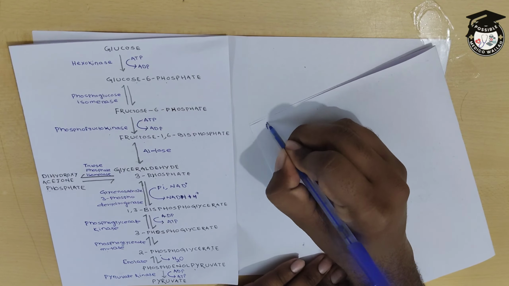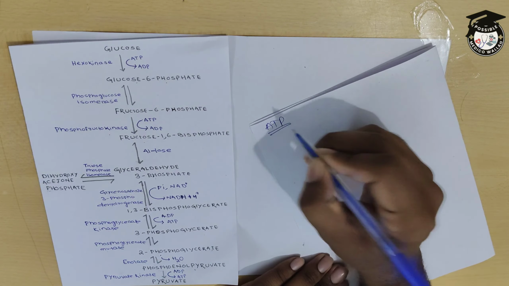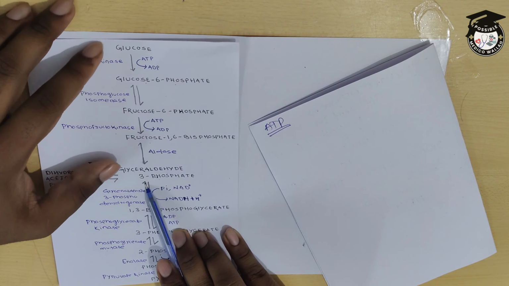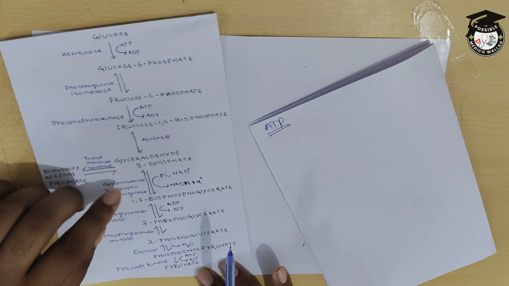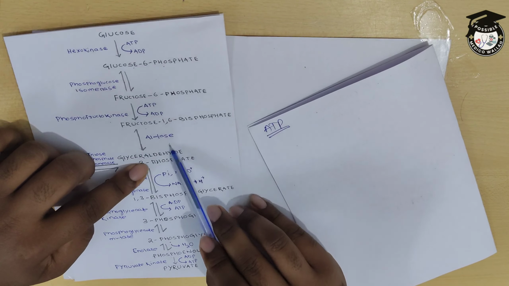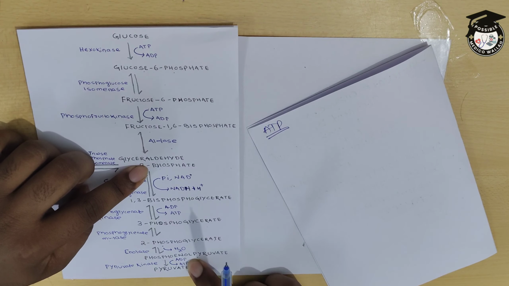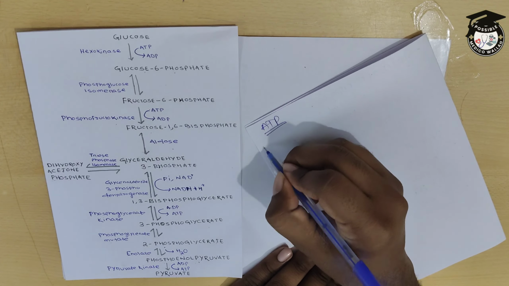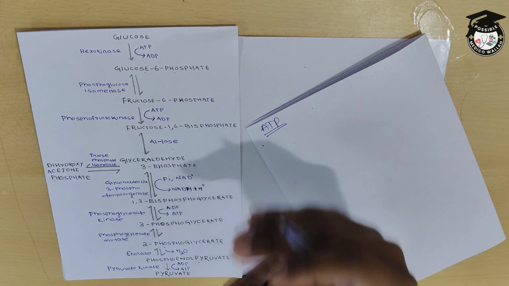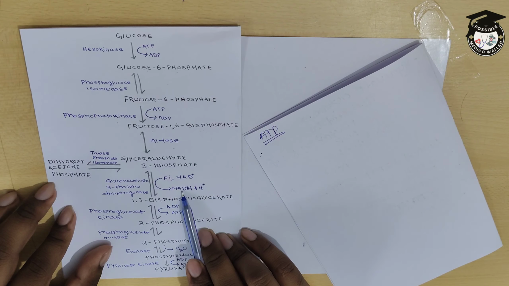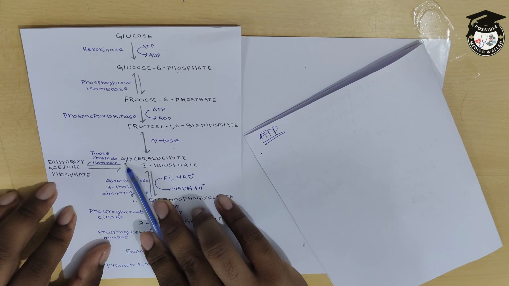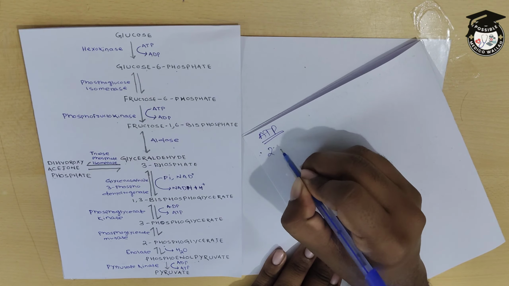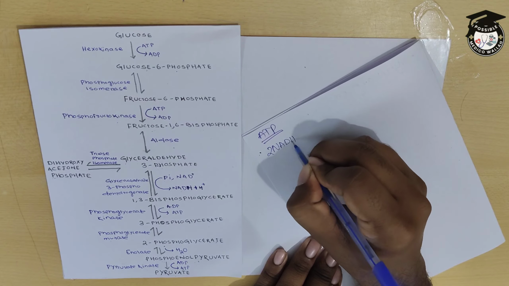Then come to ATP production. From glucose to glyceraldehyde 3-phosphate is the preparatory phase. From glyceraldehyde 3-phosphate to pyruvate is the payoff phase, meaning it is used for ATP production. First come to ATP production. In this, 2 NADH are produced because this is a triose and this phase happens twice.